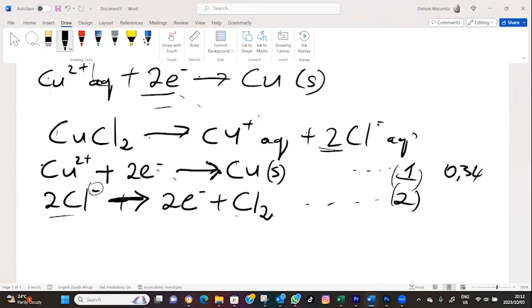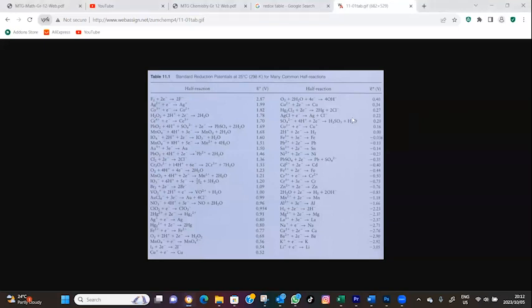Let me go and check again. Yes, 0.34. Now, the potential difference for, where's the chloride equation? I just want to show you guys something. Guys, please pay attention on this one. Yes, now we've found it.